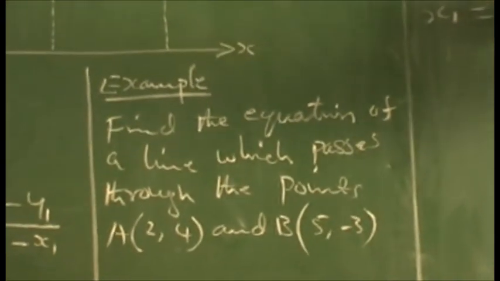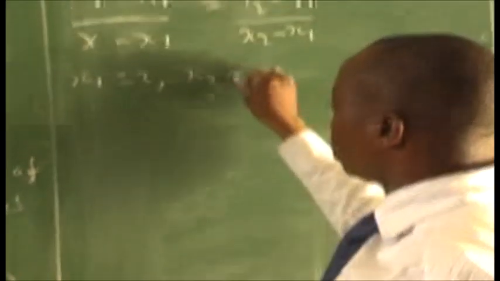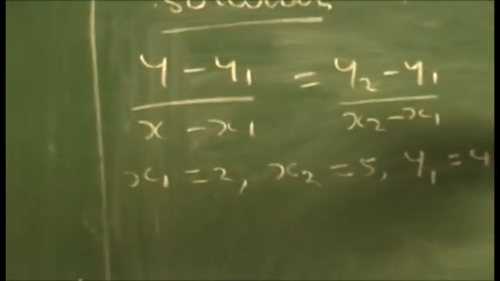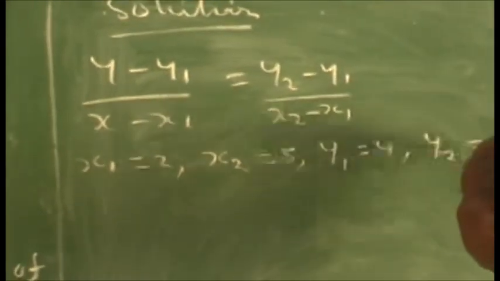So x1 is 2, x2 is 5, y1 is 4, y2 is minus 3.